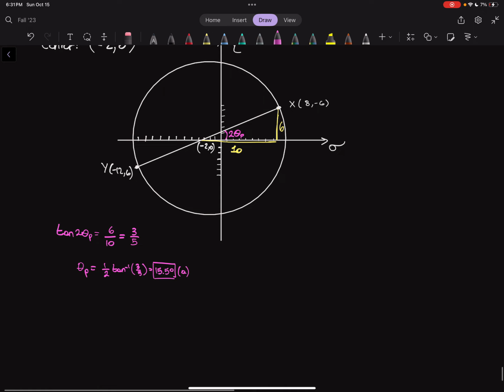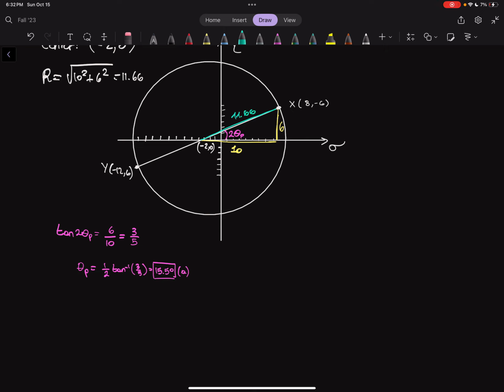So for the principal stresses, we need to find the radius first. So the radius is going to be the square root of 10 squared plus 6 squared, which is the square root of 136, which is 11.66. So this distance right here, that's 11.66.